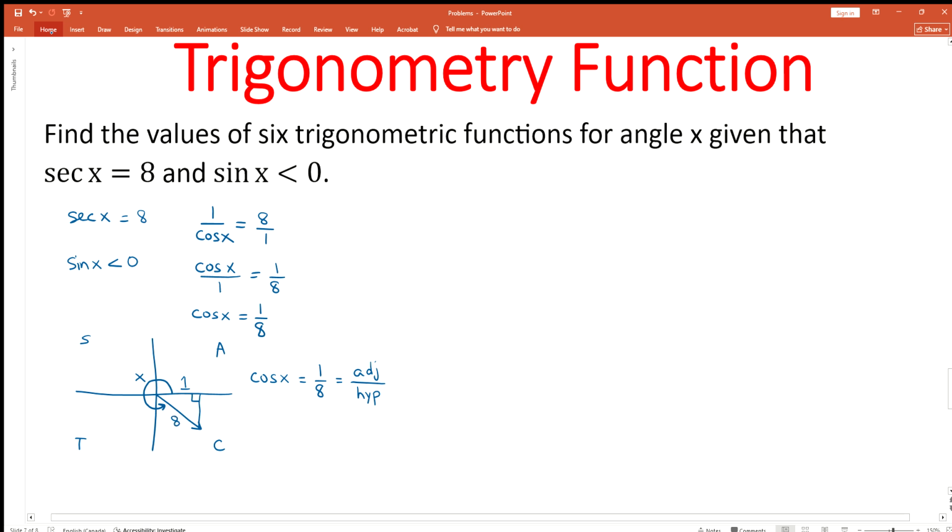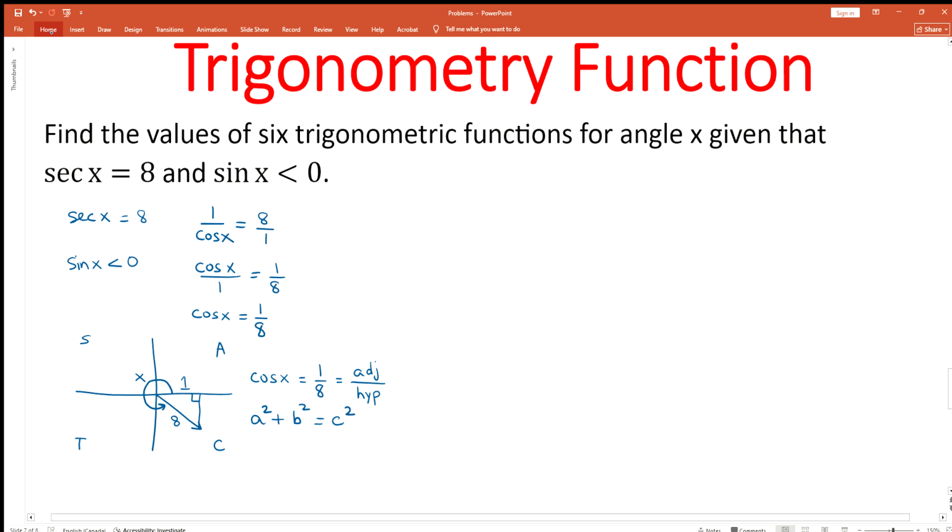In order to find the values of the trigonometric functions, we need to find the length of the vertical side, which we can find using Pythagorean theorem equation, a square plus b square equals c square. In this equation, c represents the length of the hypotenuse.